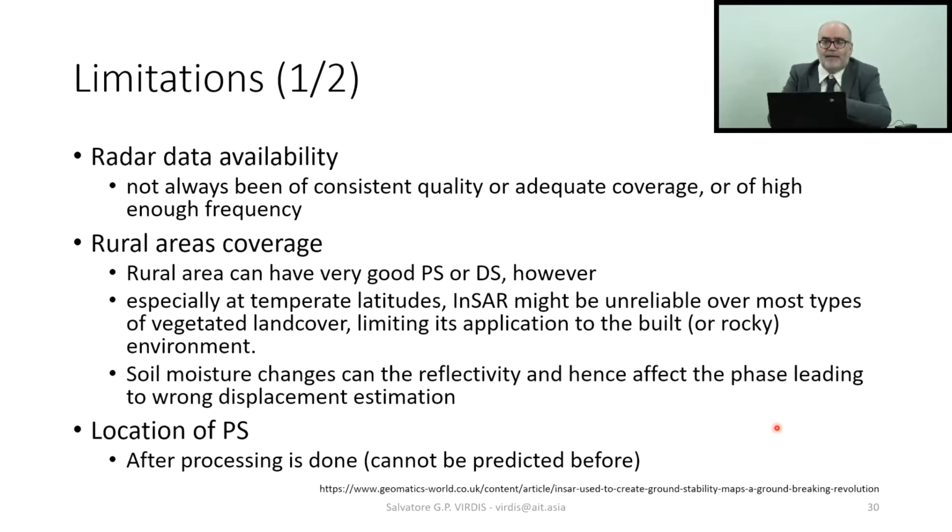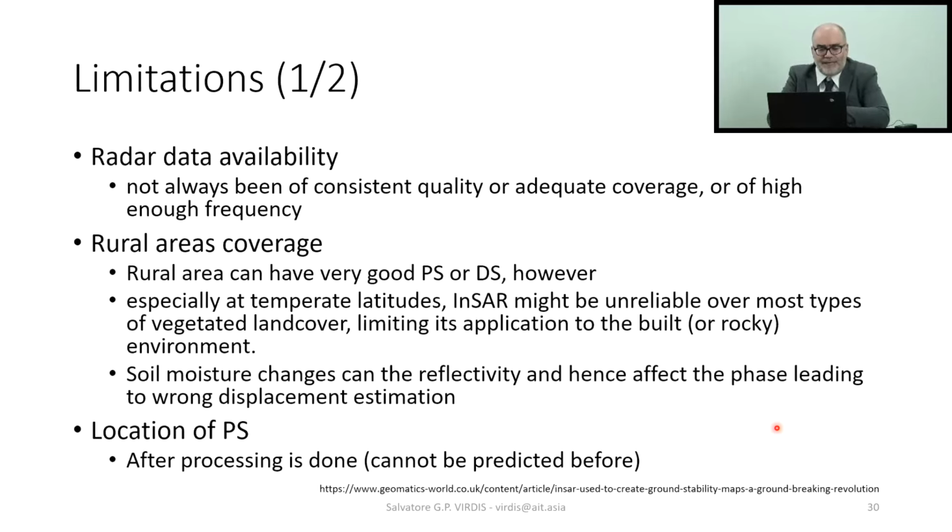We have made improvements, but we still have to develop algorithms that are able to select good pixels and good targets in such areas. And especially in tropical areas, we need to deal with atmospheric issues. So algorithms should go in this direction to have better estimates of the influence of the phase changes due to the atmospheric effects.